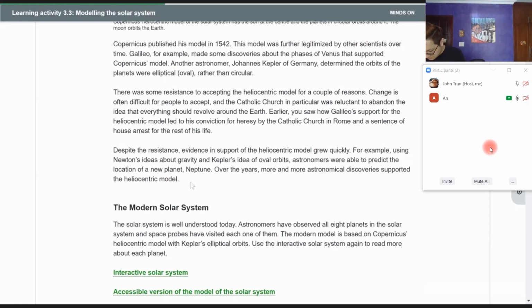Modern solar system. The solar system is well understood today. Astronomers have observed all 8 planets in the solar system, and space probes have visited each one of them.